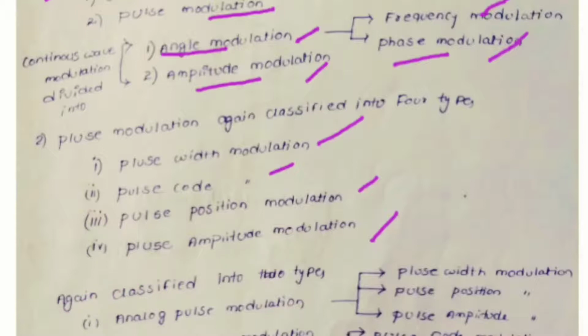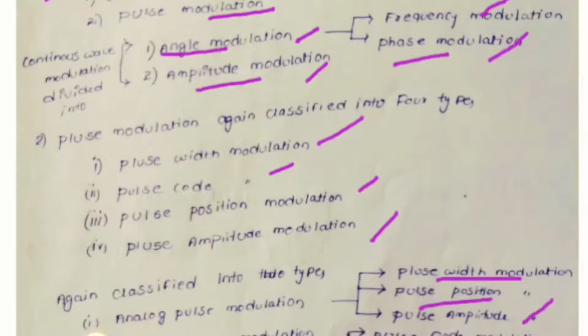Pulse width modulation is analog, pulse position modulation is analog, and pulse amplitude modulation is also analog. The two important digital modulation techniques are pulse code modulation, PCM, and delta modulation, DM.